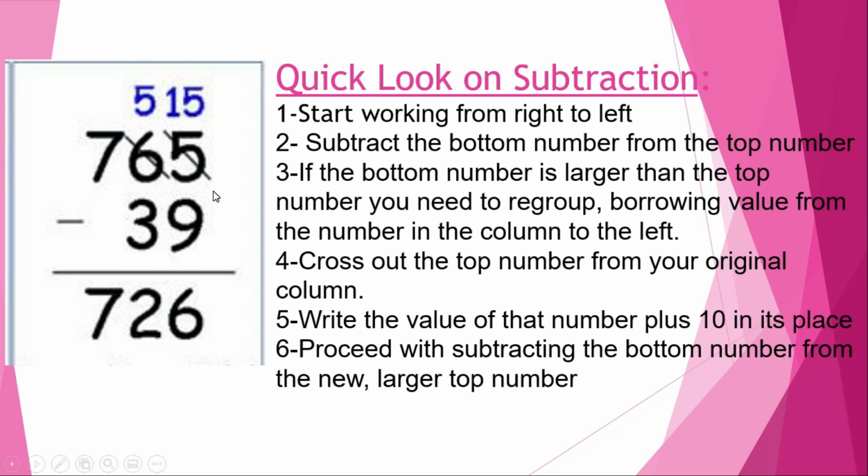Here we cross the 5, and we put 10 plus in its place. Now subtract 9 from 15 and we get 6. Then subtract 3 from 5 and we get 2. And then here is a 7 left.